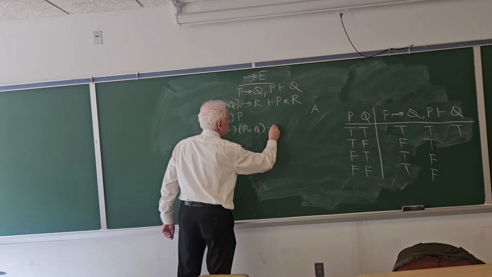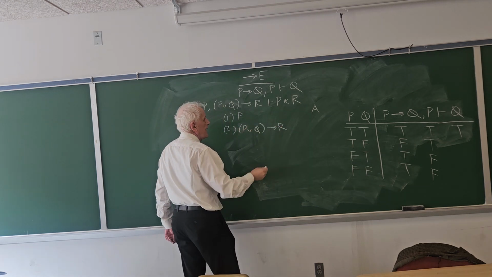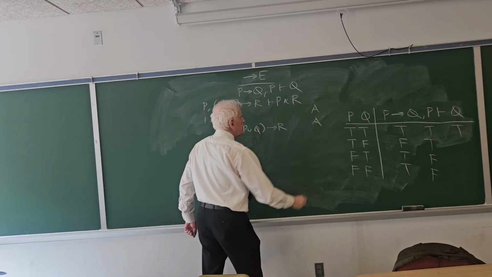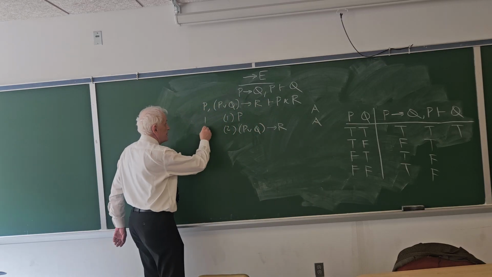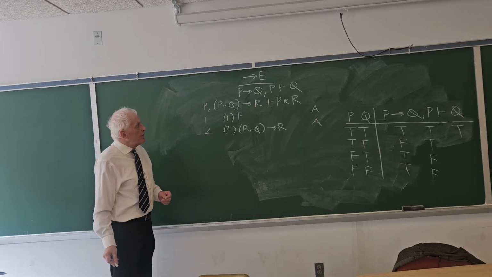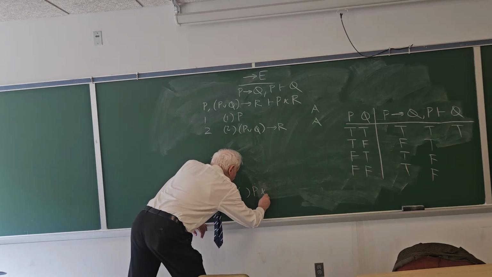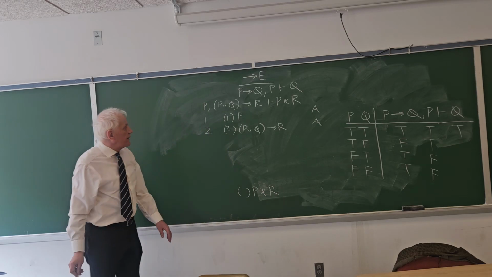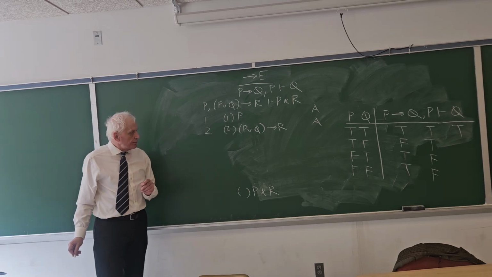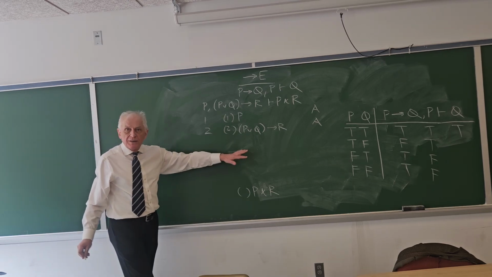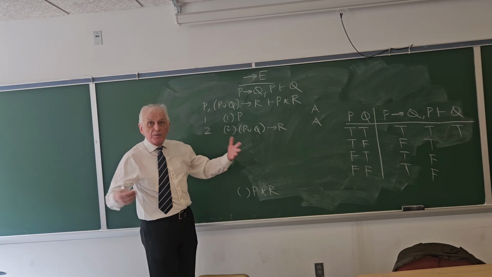It's a conditional that has a disjunction as its antecedent, right? And what we're trying to prove is a conjunction, both P and R, right? And our job in doing the proof is to fill in the gap with truth-preserving steps.